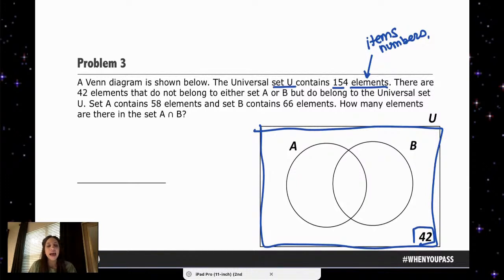So set A contains 58 elements. Set B contains 66 elements. So there's 58 inside of here. And I'm actually going to switch to my highlighter. There's 58 inside of here. And there's 66 inside of here.